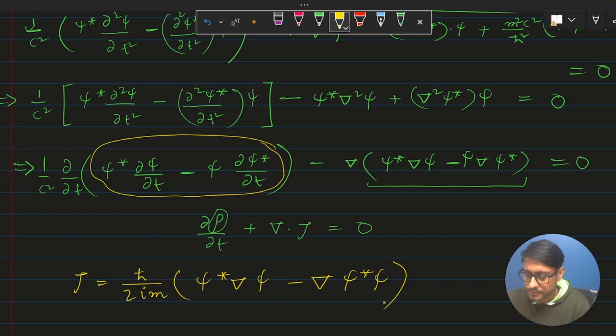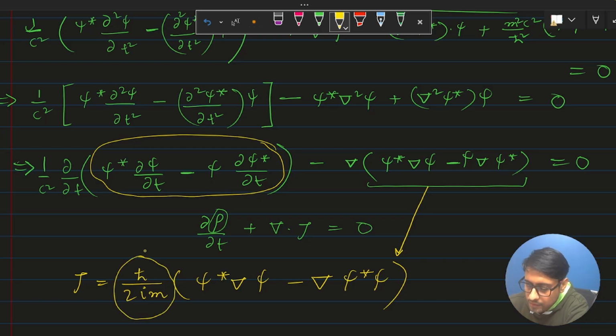Let's compare it with this. Do we have this term here? We actually do not directly have this term, but this thing is multiplied with it. So we can multiply the whole equation with this term, and then we will be able to call it j.